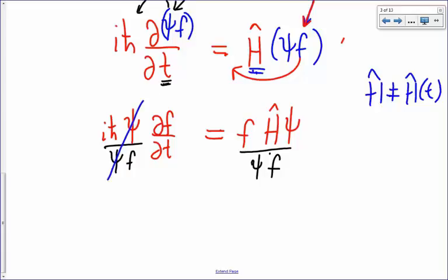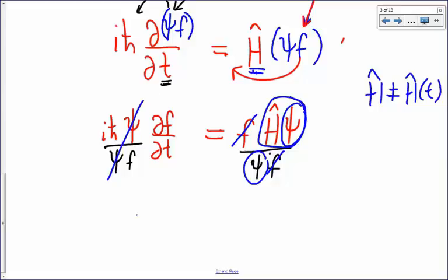So what happens? Psi cancels out on this side, right? And what happens on this other side? F cancels out. Now, the psi up here is not going to cancel the psi down there because that is not H times psi. That's this H hat psi, that's an entire function, okay? That's a transformed psi, okay?